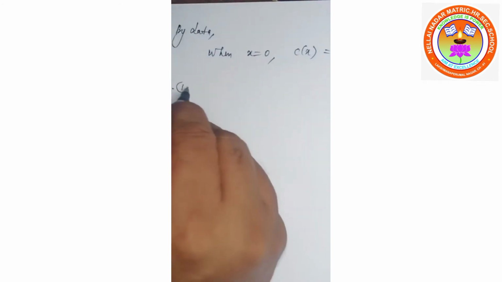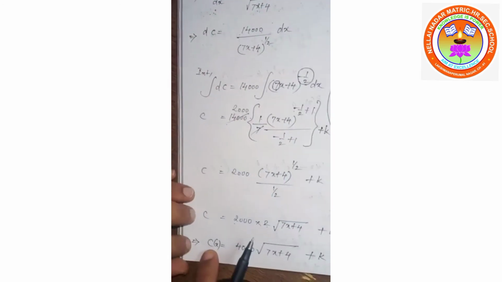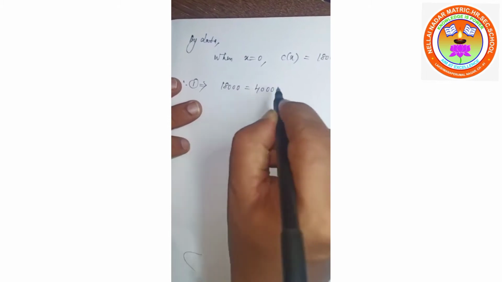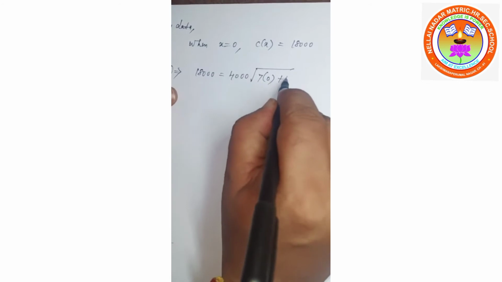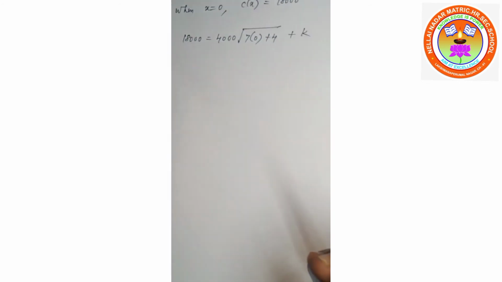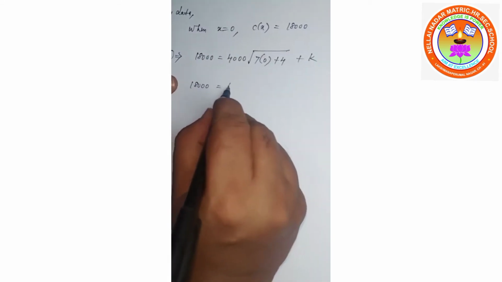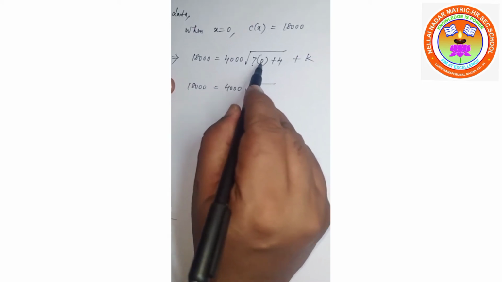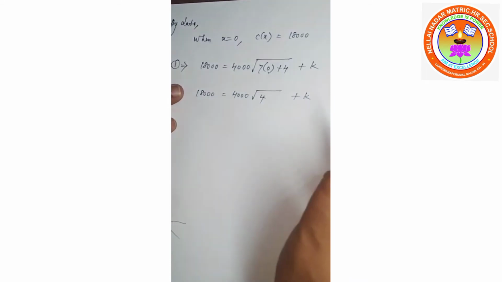Now substitute in equation number 1. Okay, listen. C of x equals 18,000, that is equal to 4,000 into root of 7x, x value 0, plus 4, plus k. 18,000 equals 4,000 into root of 7 into 0, which is 0, plus 4, that is 4, plus k.